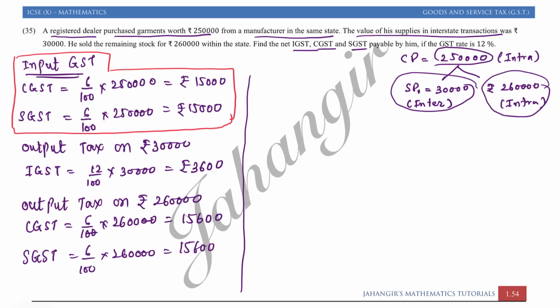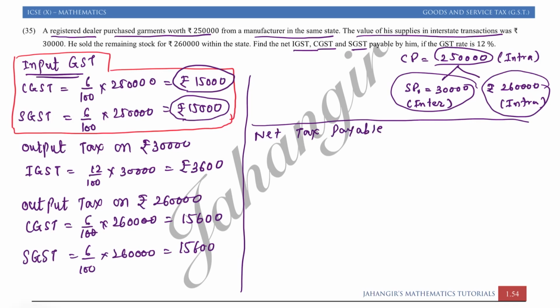Now we know the input tax paid for CGST is 15,000 and SGST is also 15,000. So first we write net tax payable. Net tax payable for IGST: there was no credit on IGST, so we have to pay rupees 3600 fully.